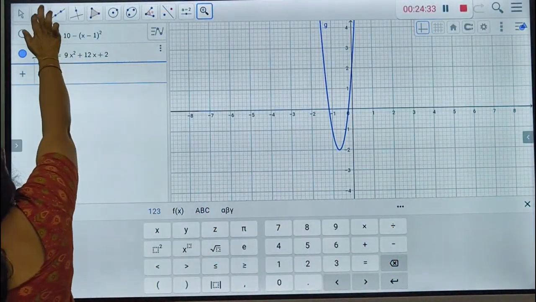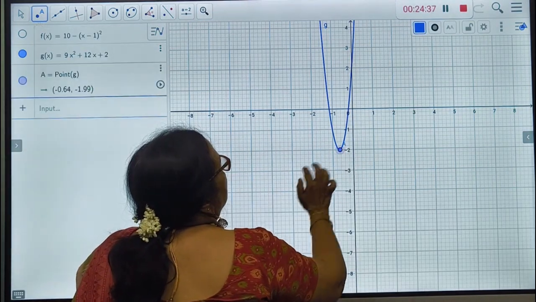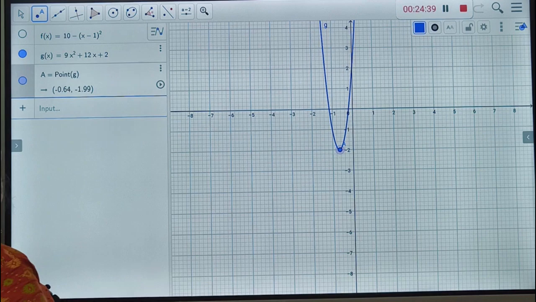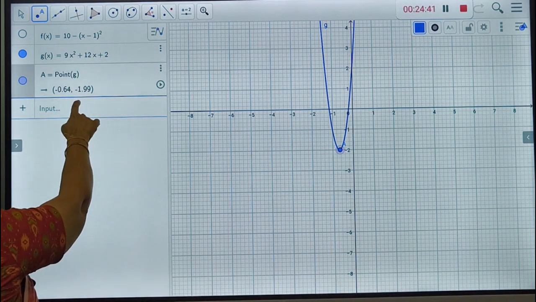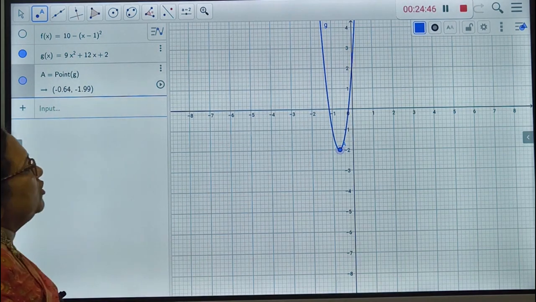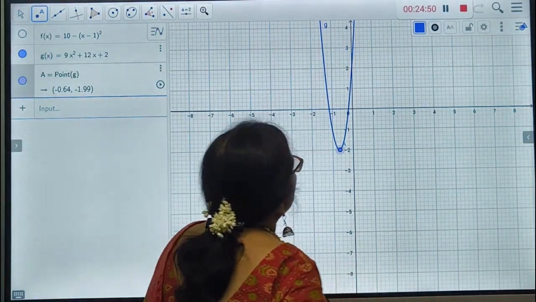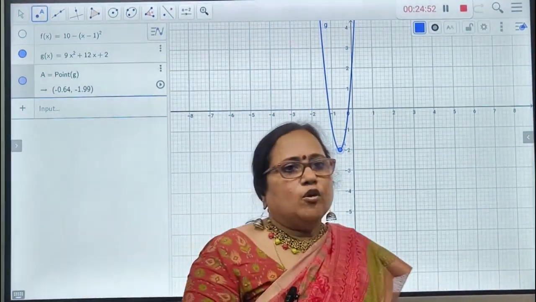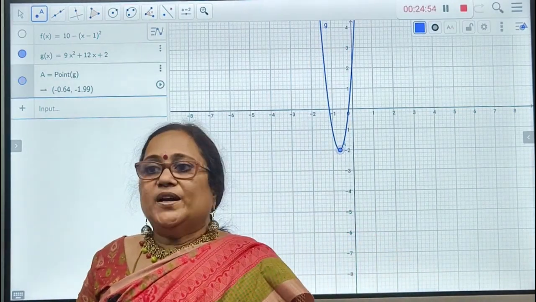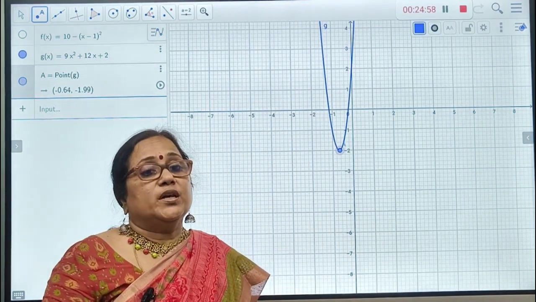So if I use this point, you can see it is almost minus 0.64. So when x is minus 0.64, you have the minimum value of minus 2.